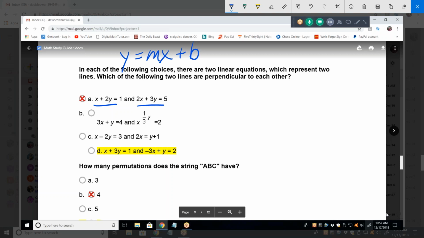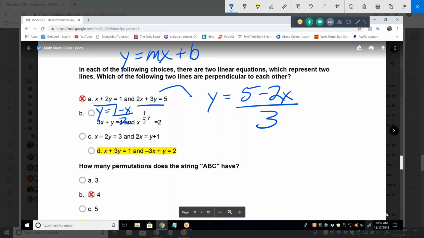In other words, this one ends up being y equals (1 minus x) divided by 2. And this one ends up being y equals (5 minus 2x) divided by 3. And it's useful to put it into this format because I immediately know the slope.